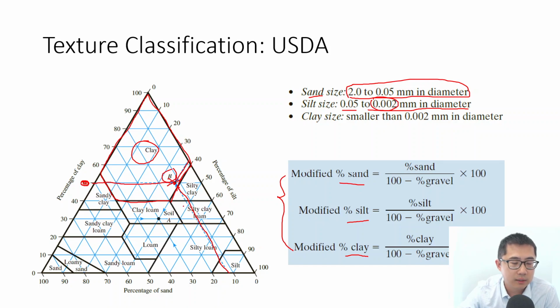Very simple, clay. Depending on your texture or sieve analysis, you could be a sandy clay, clay loam, or silty clay loam. So you get the idea.